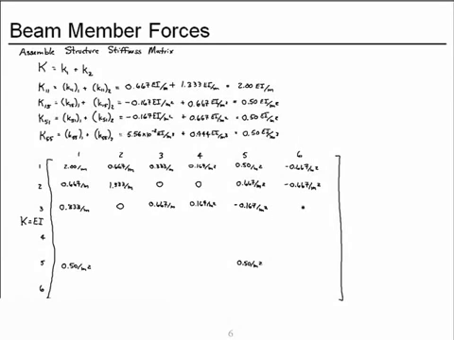And 3,6 is 0 because no element connects the two degrees of freedom.